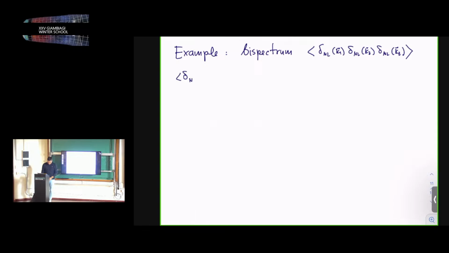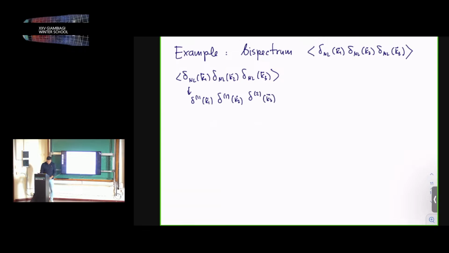Let me write it down again. Now, in principle, we should expand every one of these fields in a perturbative series. And here I want to consider only the lowest order terms in perturbation theory. So at lowest order, I can consider this field to be the linear field, this one also to be the linear field, and this one to be the second order solution.